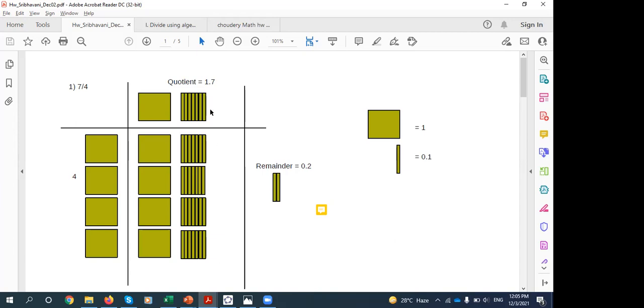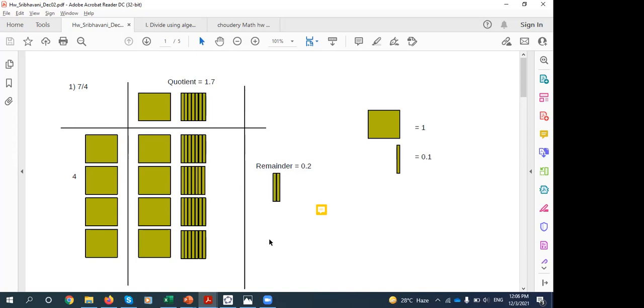See, she has nicely divided 4 of the ones, and then there are 3 remainder ones, which again she has subdivided into 0.1s, and then divided 0.8, divided 28 of them, and there are 2 remaining. Okay, so this part is perfectly correct, but it's not complete yet. There is one more step to go.